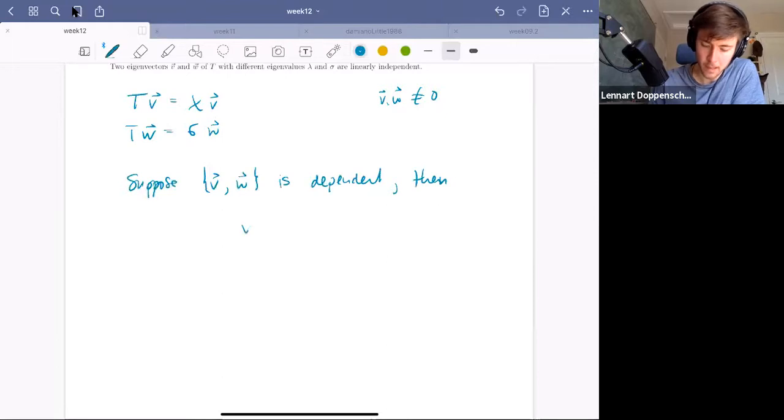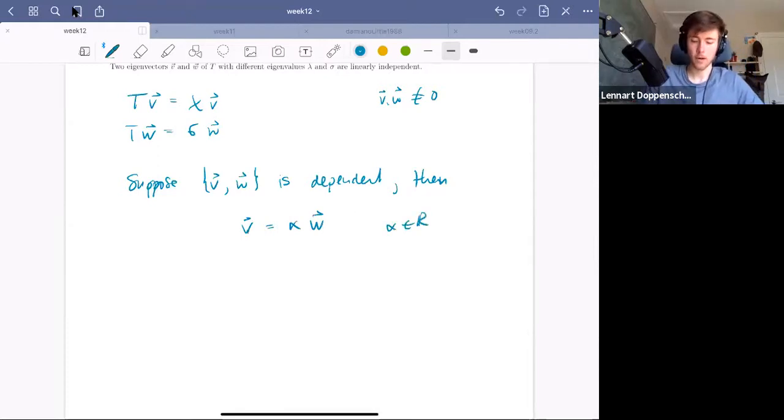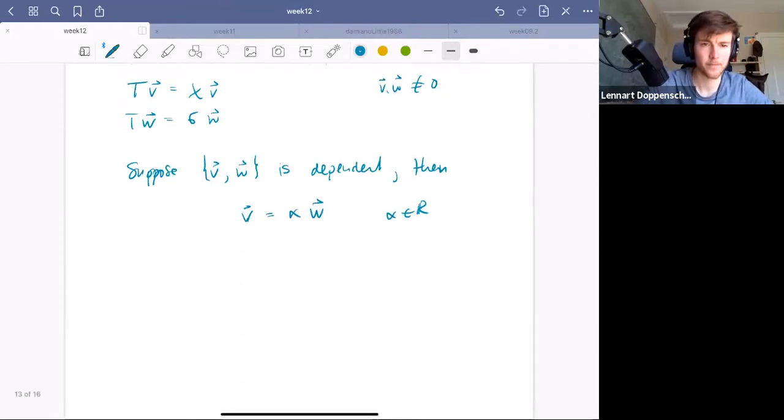This would mean that they have to be multiples. In the case of a family of two vectors, they have to be multiples of each other for them to be dependent, because we already know that none of them is 0. So we can say that V is a multiple of W. And now we can do exactly what Zach said.